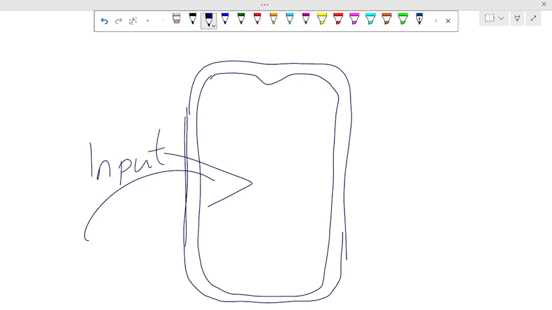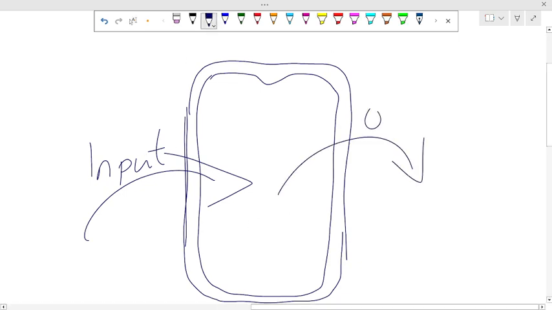Then the mobile phone receives what you give as input, works with that, and then gives you output, which is usually displayed on your screen or from the speaker. If it's an audio output, you get it from the speaker. If it's a visual output, you get it from your screen.